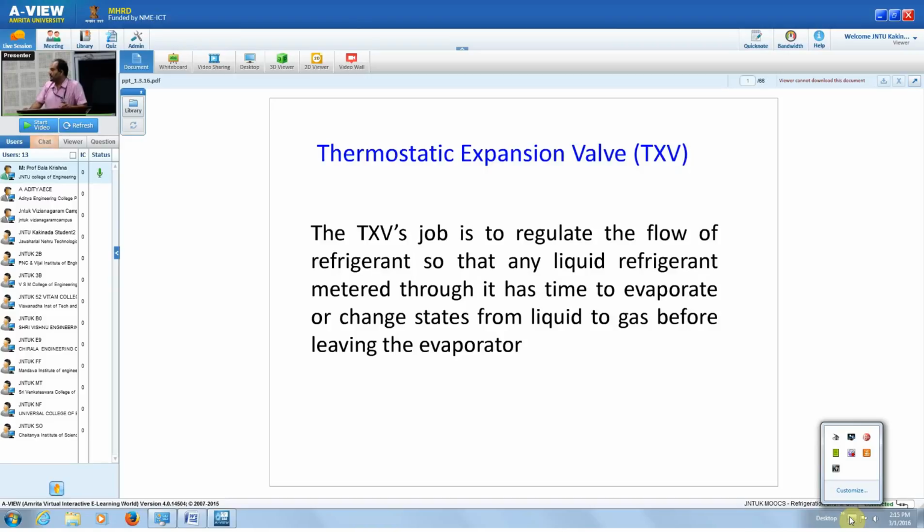The fuel consumed depends on the load, so there is a flow control. That is called the governor in our engines. The governor's function is to control the flow in the engine. Here, the thermostatic expansion valve is the same. Thermostatic means thermal: it senses the outlet temperature of the evaporator and then gives the signal to the expansion valve.